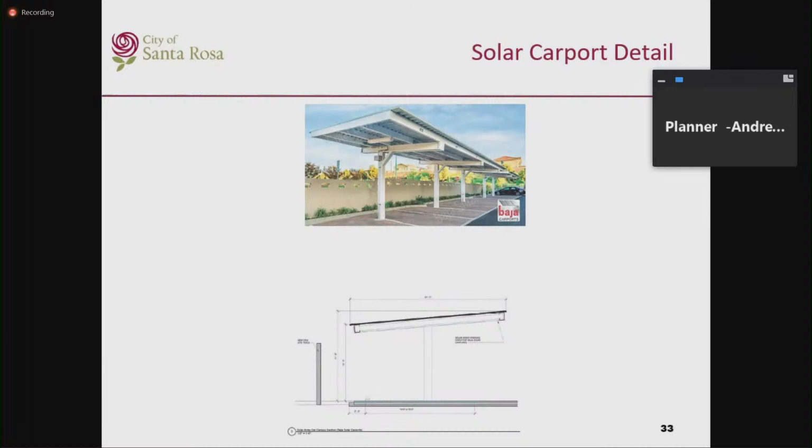And finally, we see the solar carport detail. These are all metal carports, and we can see how the rear of the carport would extend back into that 5-foot setback slightly, remaining approximately 2 to 3 feet from the property line and from the solid wall surrounding the project site.